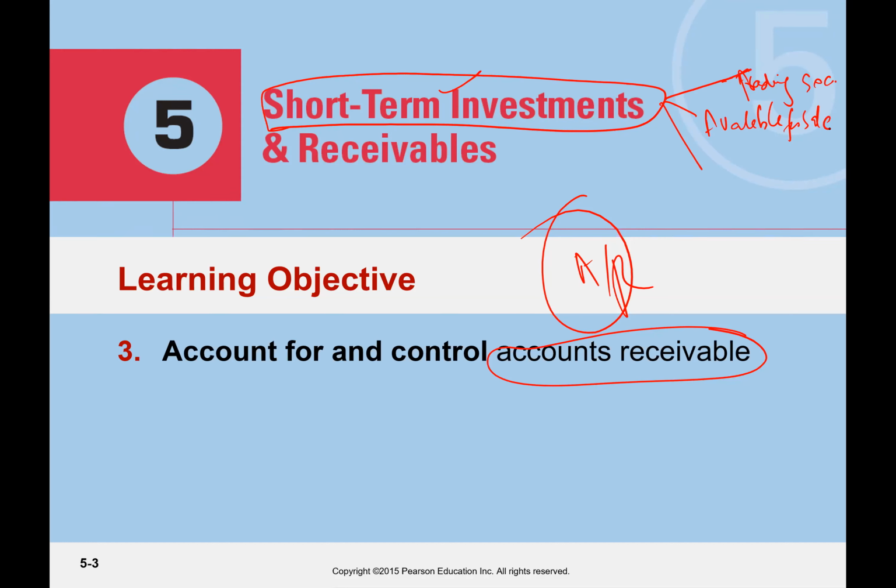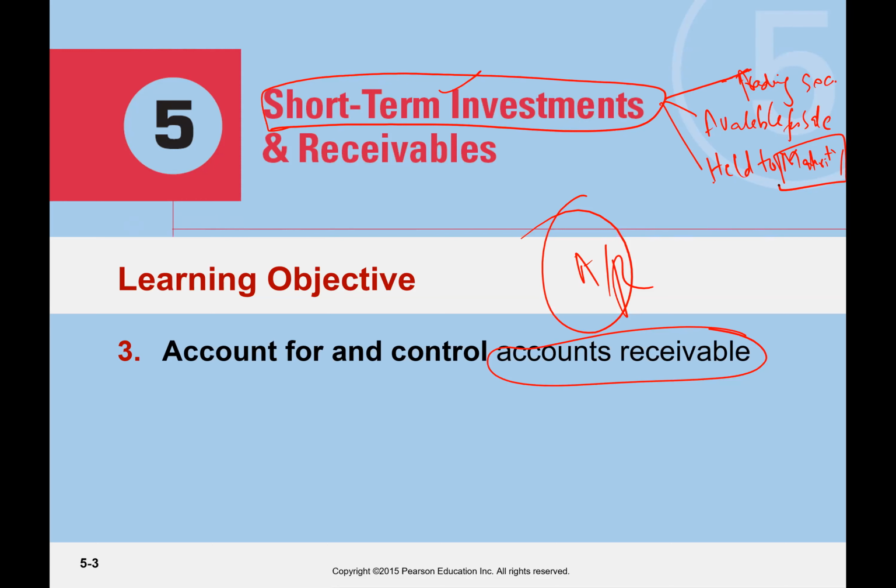Okay, and then the last category is held to maturity. In which we purchase securities which are mostly debt securities, bonds of the other companies, and we keep it ourselves until they mature.